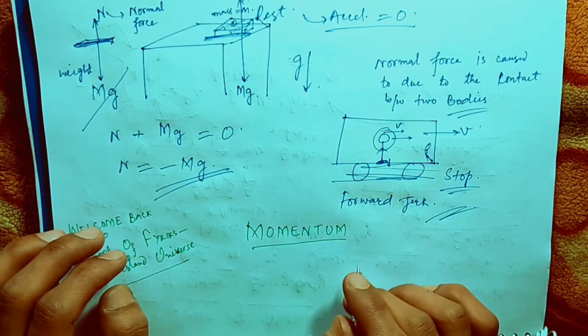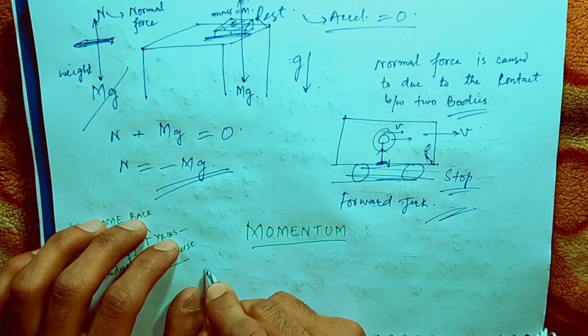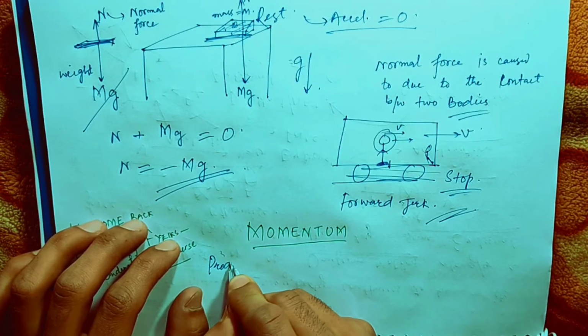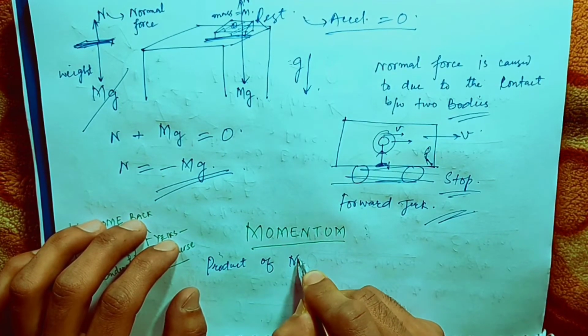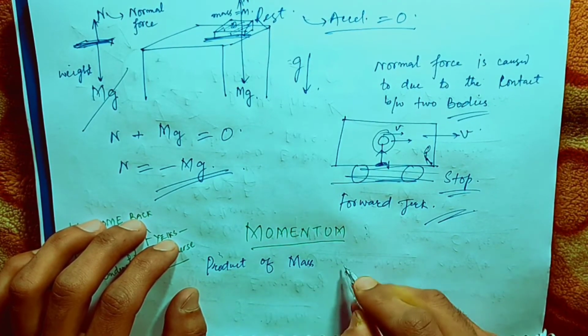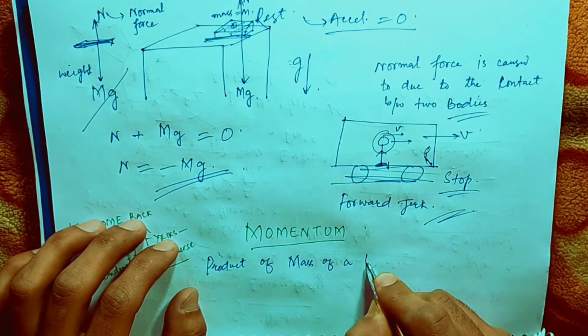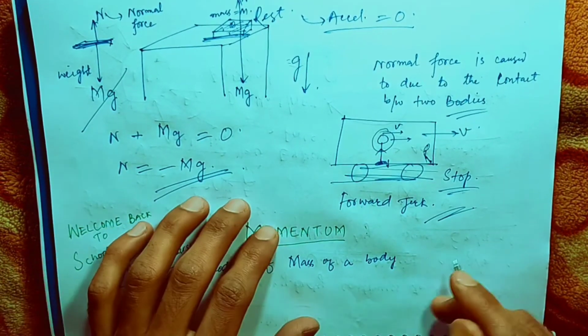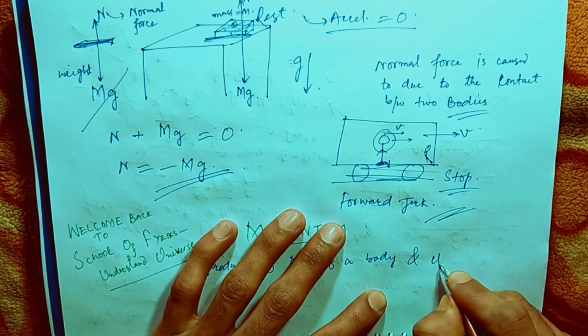First and foremost, momentum is defined as the product of the mass of a body and its velocity.